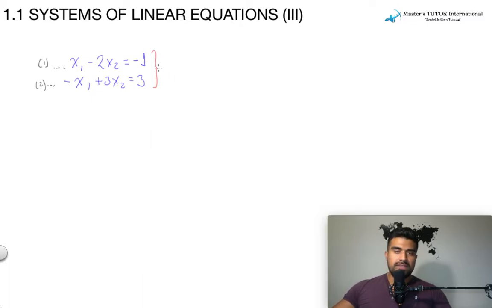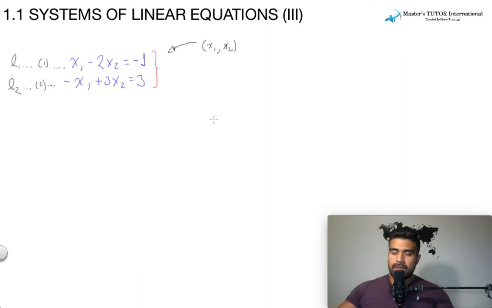We will denote the line that makes equation 1 as L1 and the line that makes equation 2 as L2. A pair of numbers x1 and x2 is a solution of this linear system if these numbers satisfy both equations.